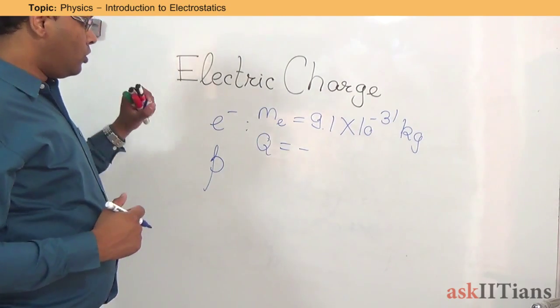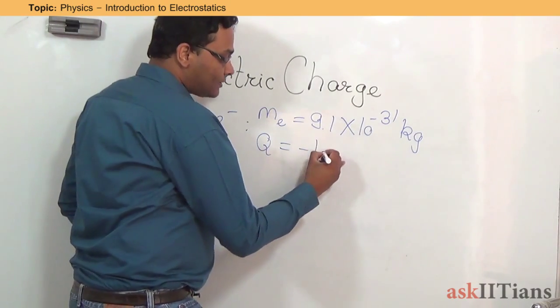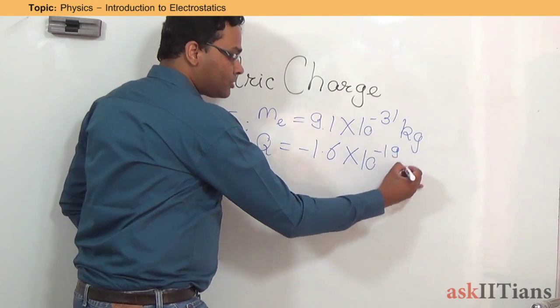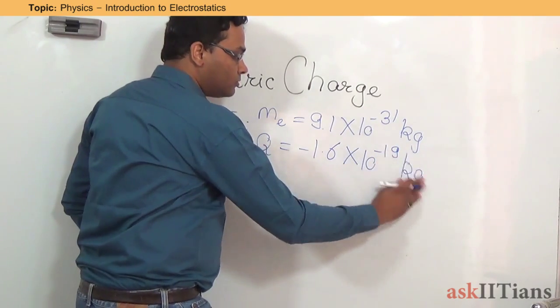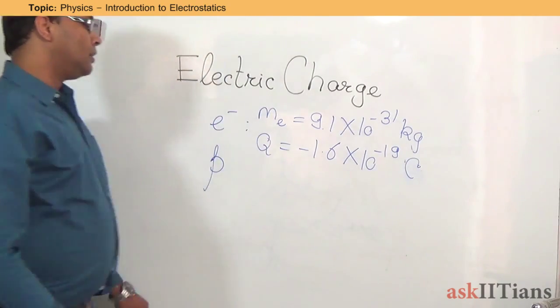In the case of an electron, the electron has a charge of minus 1.6 into 10 raised to the power minus 19. Charge is measured in coulombs.